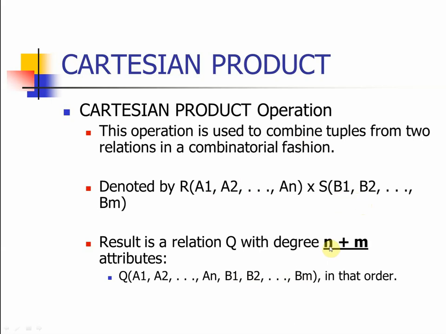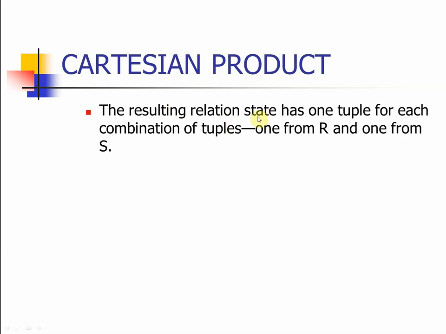That's not all. It's actually doing even more interesting things, as the next slide shows. The resulting relation state has one tuple for each combination of the tuples, one from R and one from S. So what does that mean?